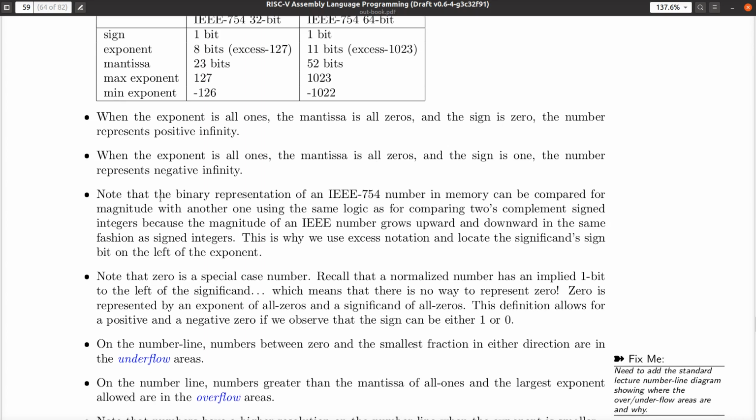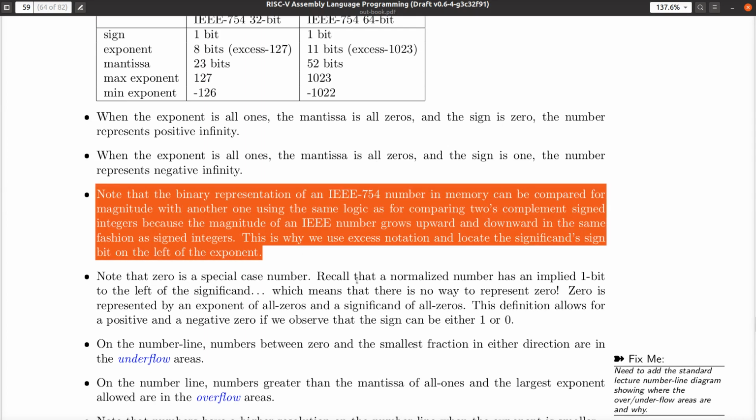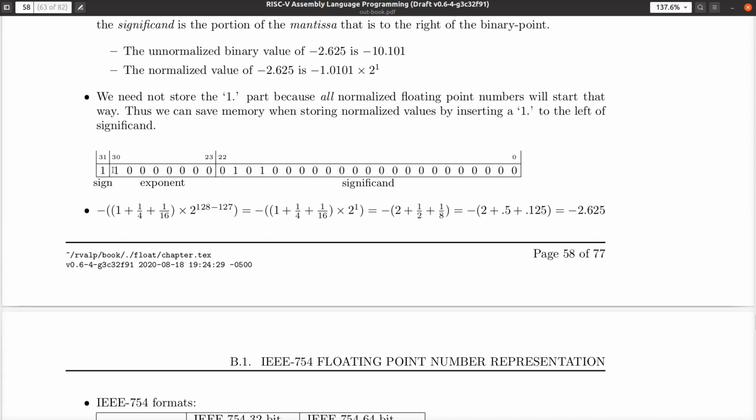Anyway, he told me this right here. And he told me the reason that they use this weird format right here, what I considered weird until then, was that if you look at the magnitude of all the values in floating point representation, if you store them like this, and you just ignore that they're floating point numbers, and you pretend that all these bits represent a 2's complement signed binary integer, then you can compare their magnitude.